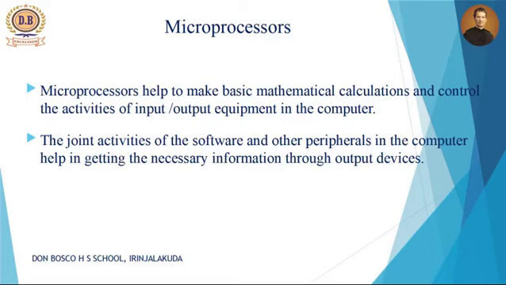Microprocessors make basic mathematical calculations with the help of the ALU. The arithmetic logic unit is in the microprocessor itself. So it does the basic mathematical calculation, and with the help of the control unit, it controls the activities of the input and output devices that are connected to the computer. So these units are inbuilt in the microprocessor.